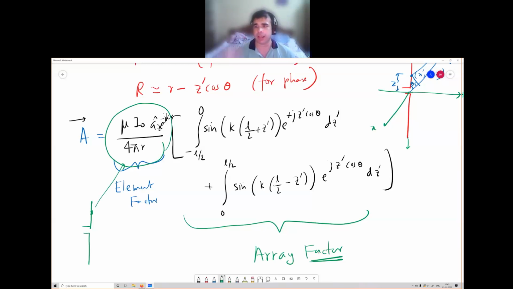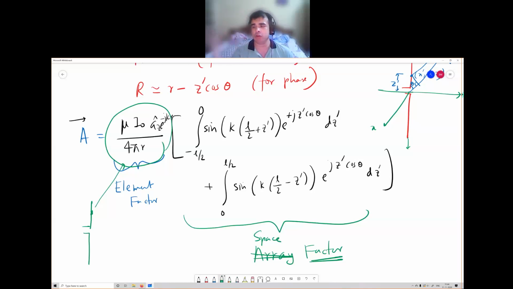And when we find the total field due to the entire antenna, we do this integration. Actually, it's not array factor, it should be space, not exactly an array. So this is the A due to a very small portion of the antenna.